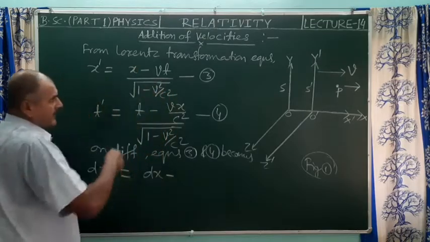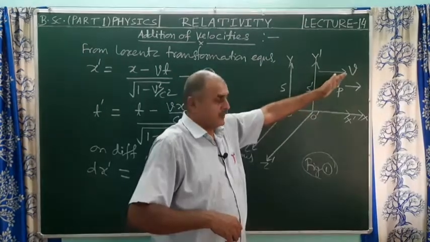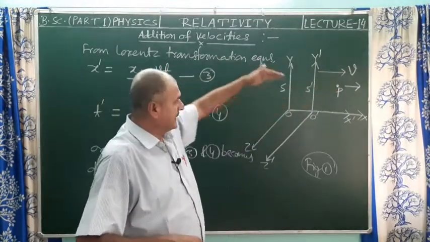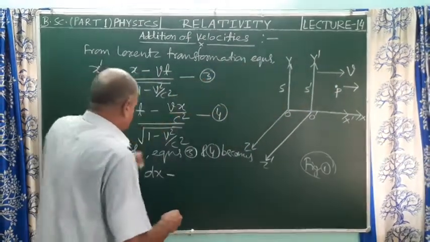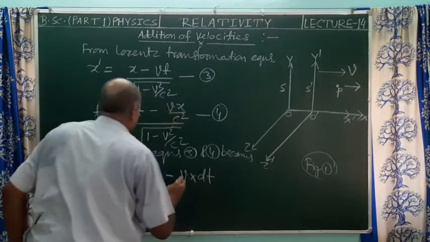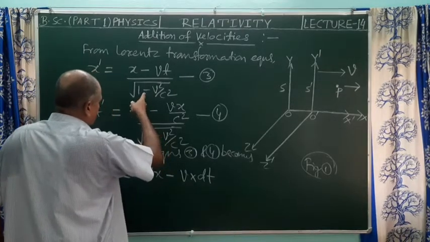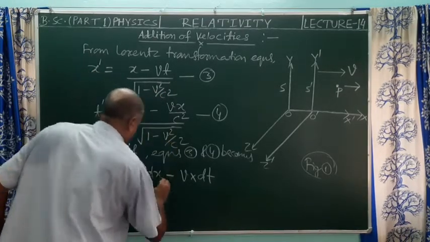V is constant, since V is the velocity of frame S dash, which is moving with uniform velocity V relative to inertial frame S. So V into dt upon root under 1 minus V square by C square is also constant.